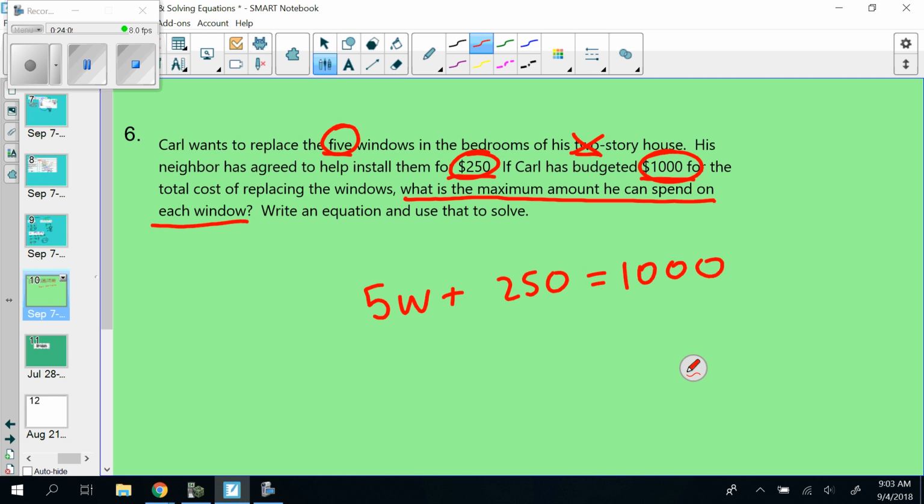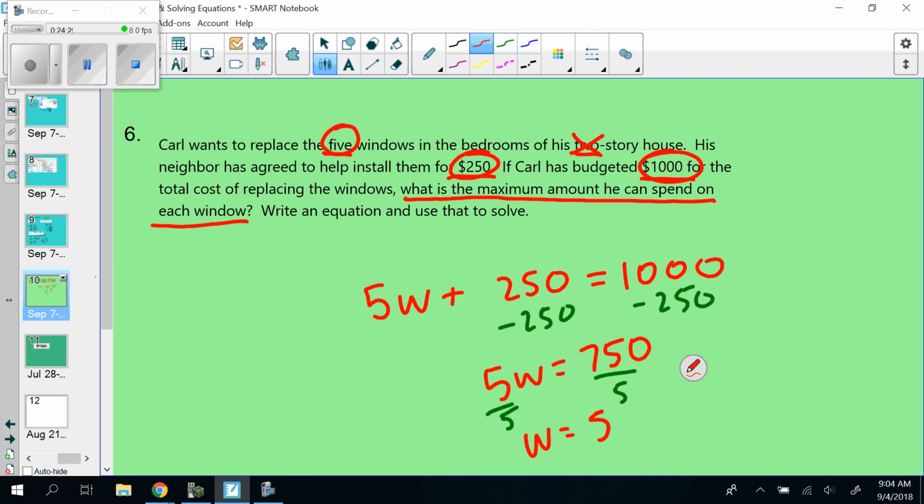If we subtract that $250 we have to pay the friend, that's leaving Carl with $750 to buy windows. If we divide that equally among the windows, we can find out what he can spend on each window. So 750 divided by 5, it looks like Carl can spend $150 per window.